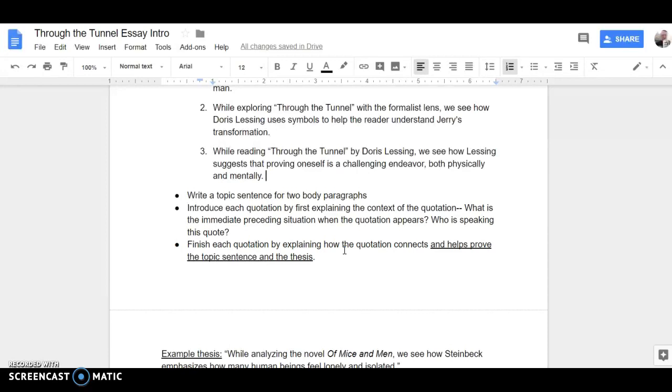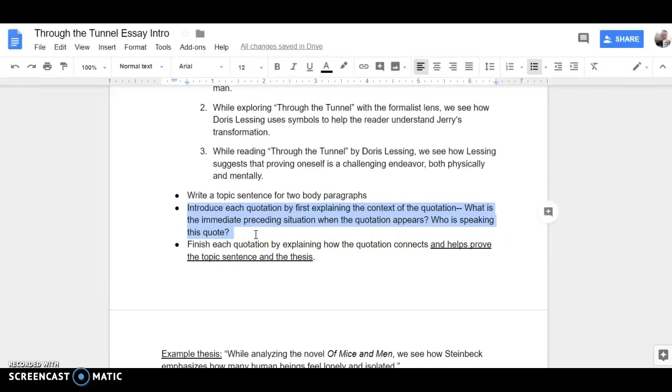Most of you might fall into that 5 category, but you need at least 4. Each of your body paragraphs needs a topic sentence, and you need to introduce each quote by first explaining the context of the quote: what is the immediate preceding situation when the quote appears, and who is speaking. So you need to give me some context for your quote.